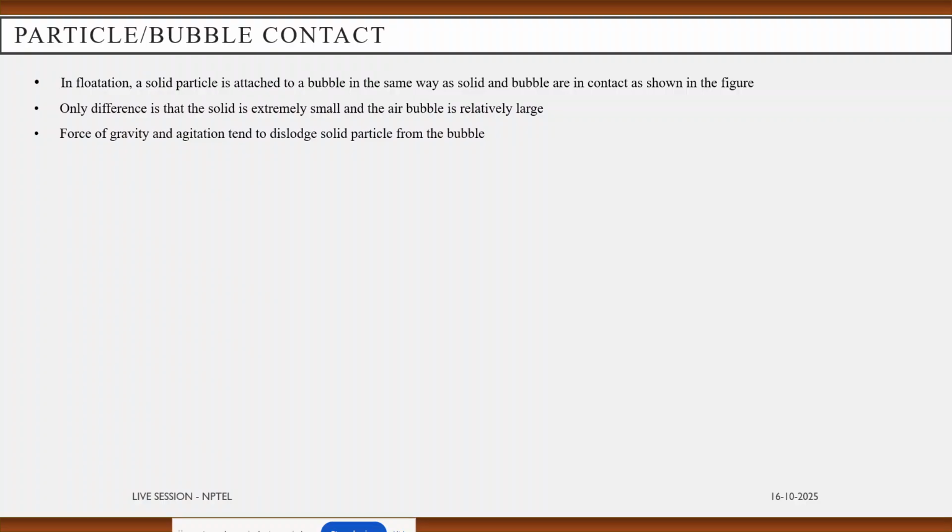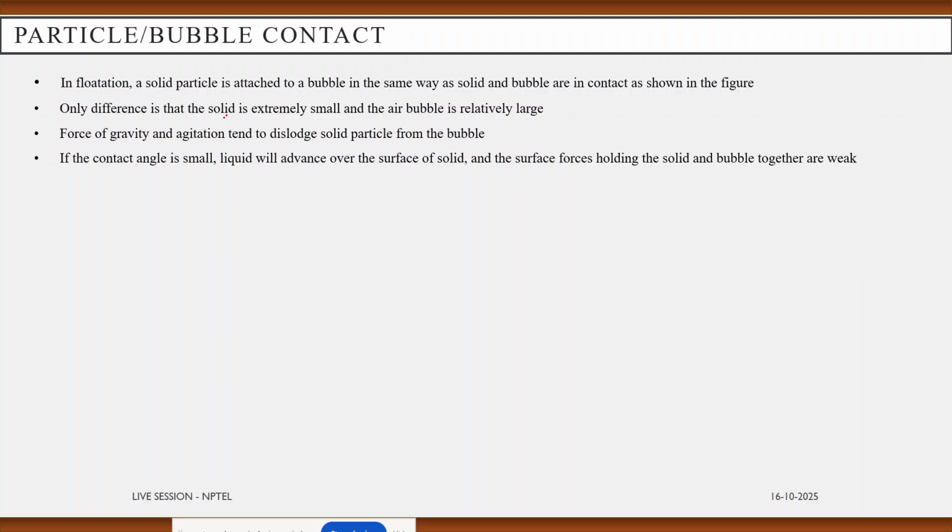So the force of gravity and the agitation tend to dislodge the solid particles from the bubble. If the contact angle is very small, liquid will advance over the surface of the solid and the surface forces holding the solid and bubble together will be very weak. If the contact angle is large, that means there will be easy floatability.